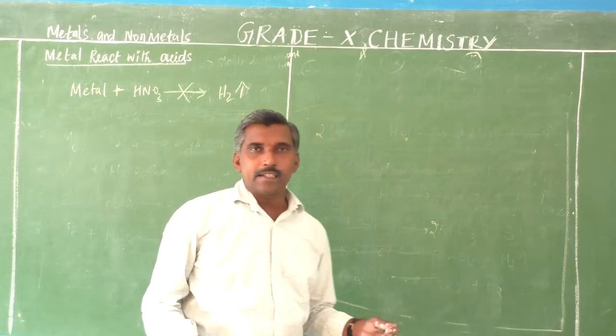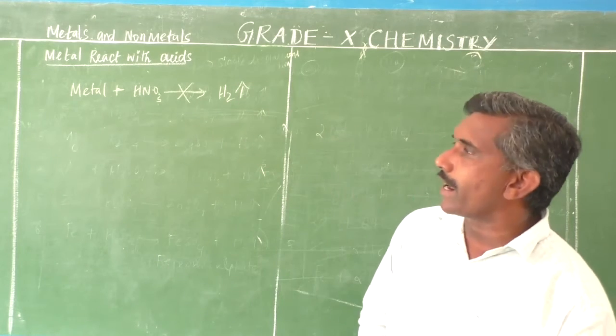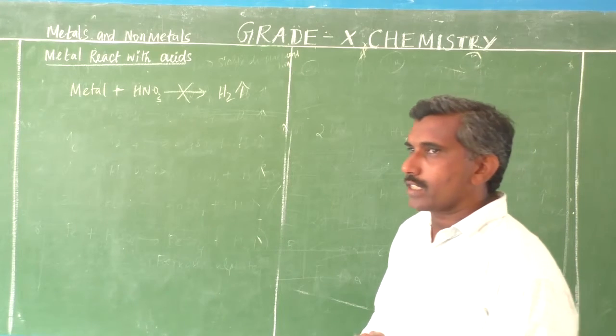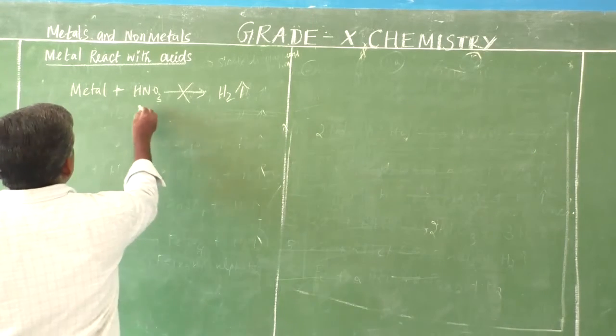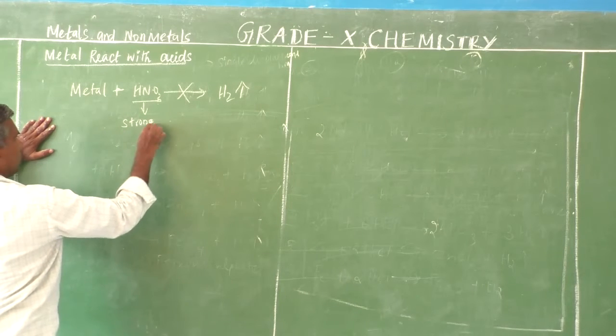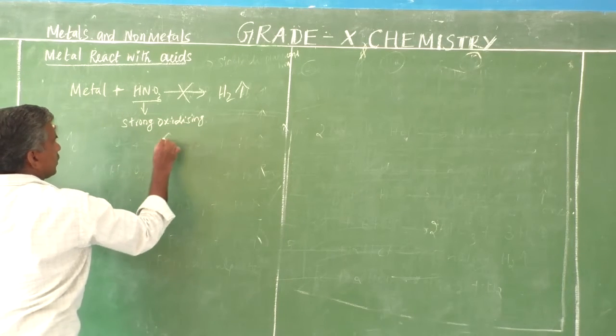So metal does not evolve hydrogen when reacting with nitric acid. What is the reason? Nitric acid is a strong oxidizing agent.